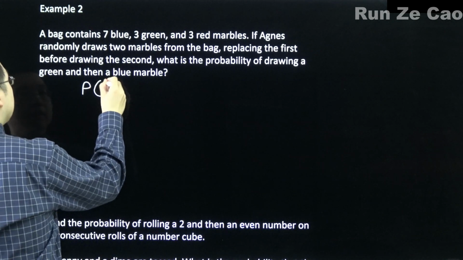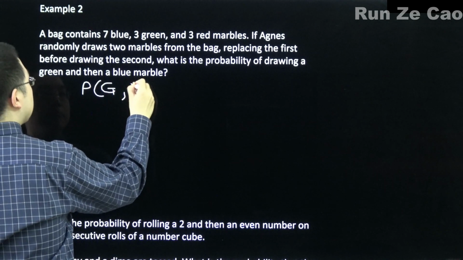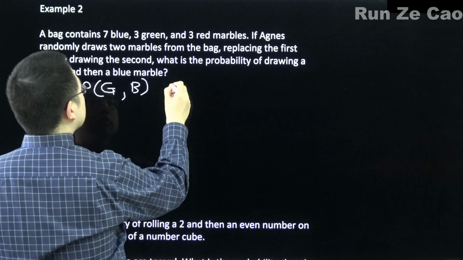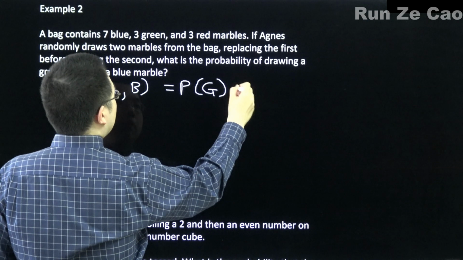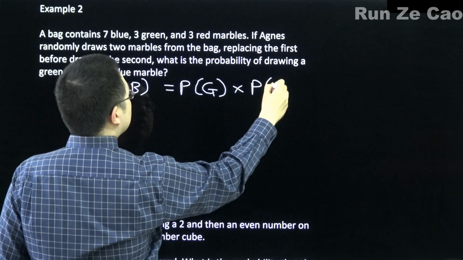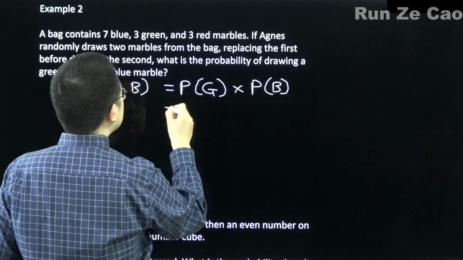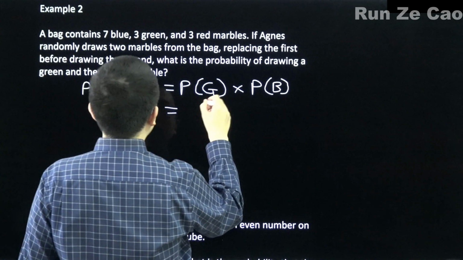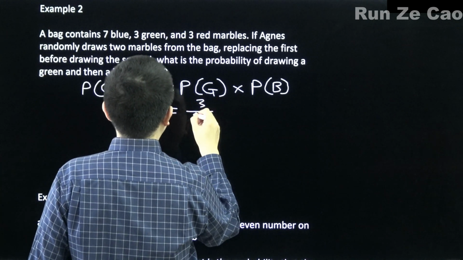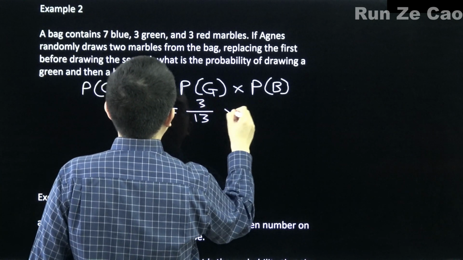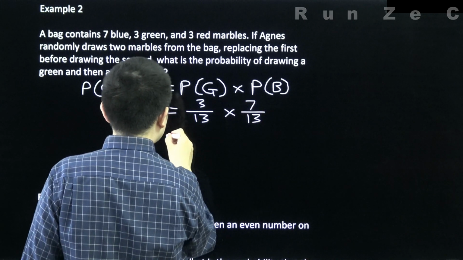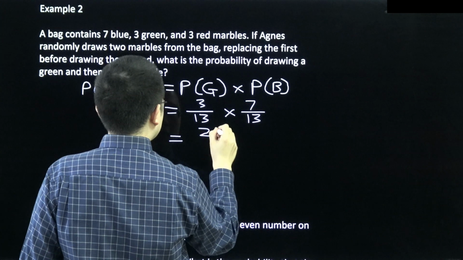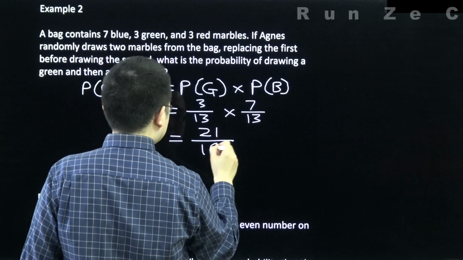This would be probability of green and then blue, which is equal to probability of green multiplied by probability of blue, which is 3 over 13 times 7 over 13, which is 21 over 169.